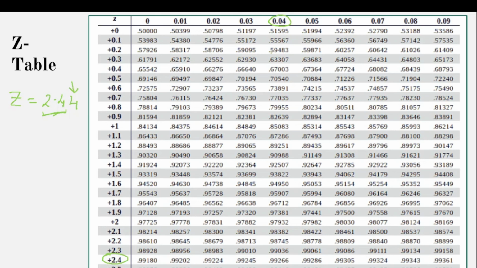The intersection of these 2 points will give me the p-value, which is equal to 0.9926. If I multiply this by 100, I get 99.27.